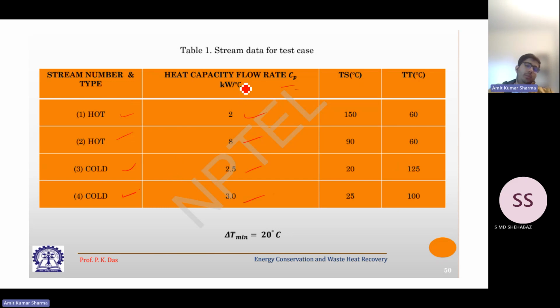The supply temperatures are 150, 90, 20, 25. Target temperatures are 60, 60, 125, 100.